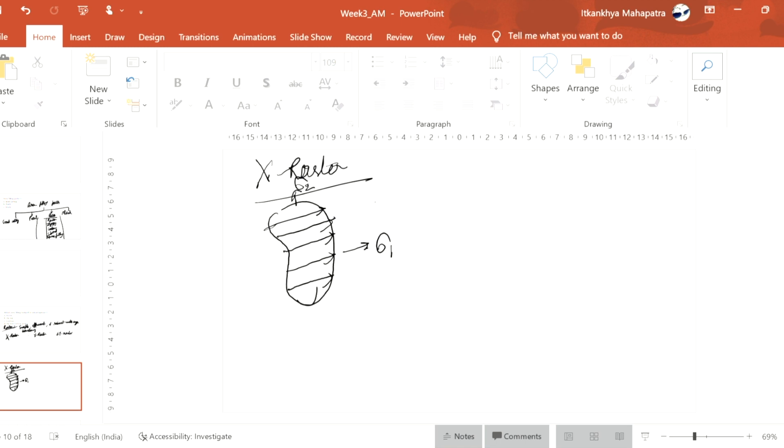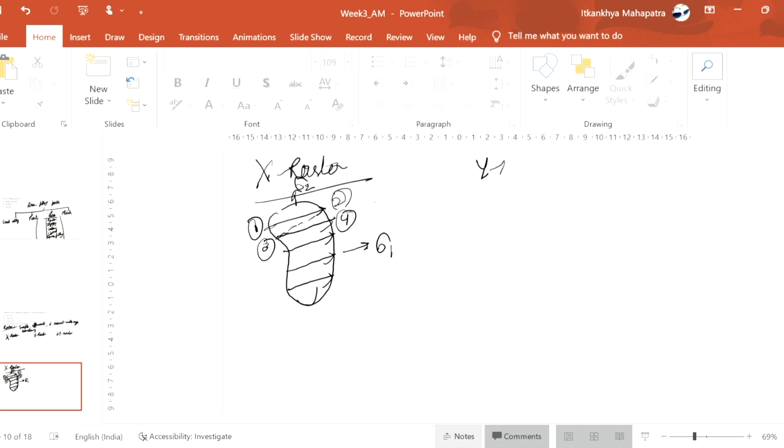Suppose the tool moves from 1 to 2, and then from 2 to 3, the dotted line, and in this way it will come to 4. Now this move from 2 to 3 will be in air. It will be the retraction.